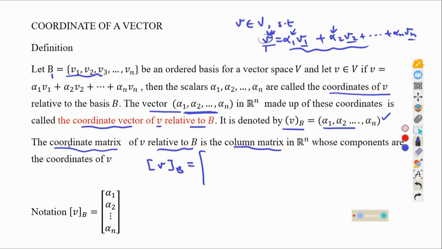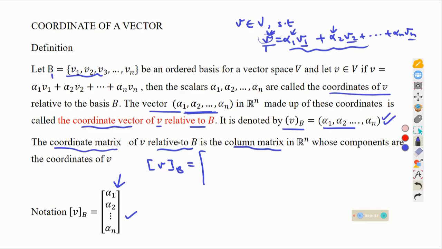So you can write it in this form using commas, or when you don't use commas, you can write it in the coordinate matrix form. Those are the two different ways of representing the coordinate vector: either using commas, or you eliminate the commas and use the column matrix.